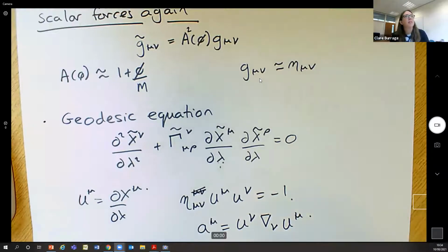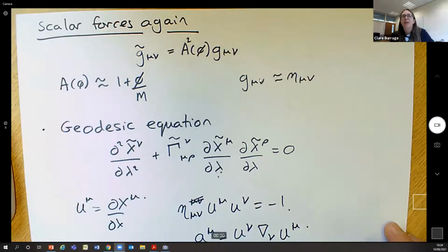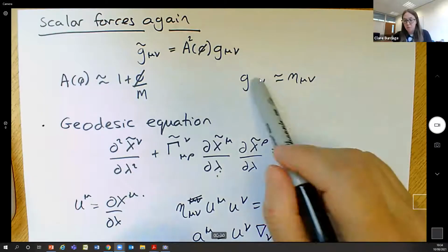I guess the first thing to say is, as always, when you make an assumption, you should do your calculation and then go back and check that the assumption holds with the final answer that you get, which you can do in these theories. Now, you could also completely do this calculation not making this assumption.